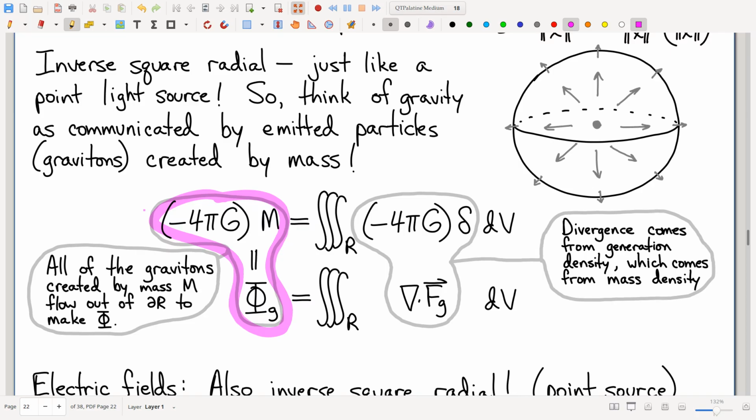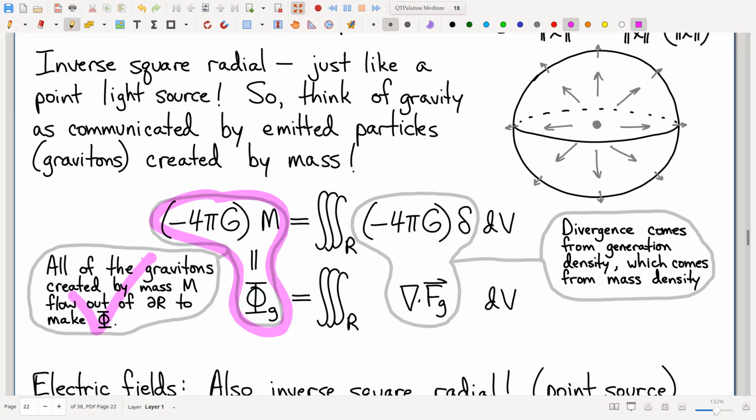What do gravitons do? Gravitons flow away. In particular, they flow through our surface, our closed boundary surface. So more mass produces more gravitons, which is going to therefore create more flux. And so from that point of view, thinking about mass as creating gravitons, and gravitons create flux, mass should be proportional to flux. What do you think?